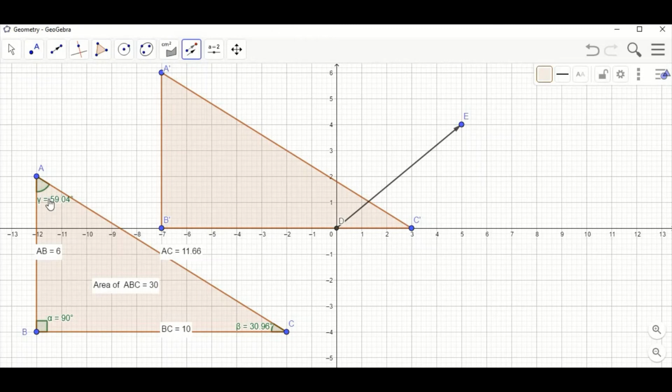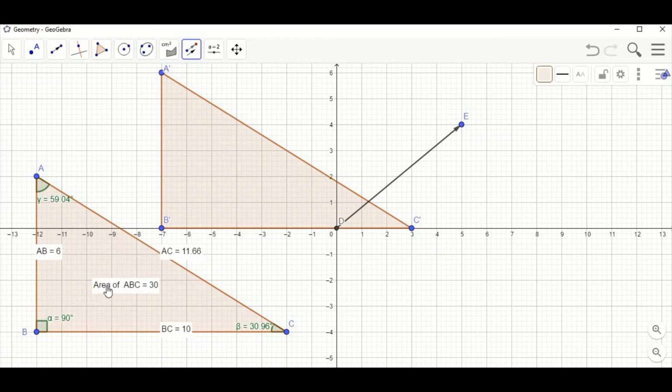In the object, I was going from A, B, C, which is an anticlockwise direction. In the image here, I'm going A prime, B prime, C prime. So absolutely, the orientation is preserved.